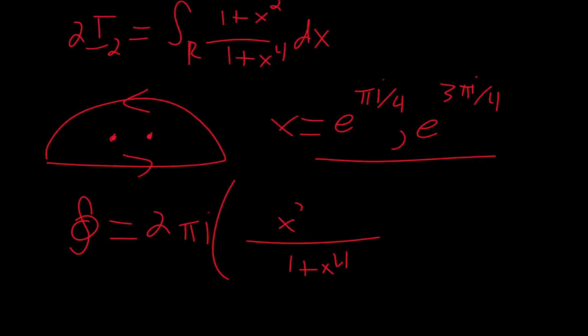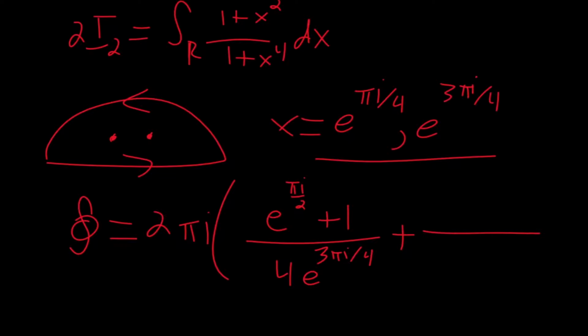So we have an x squared, taking the limit as x approaches e to the pi i over 4, pardon me. But in the denominator, whenever we differentiate, we're going to have 4 and then x cubed. So whenever we plug in x equals e to the pi i over 4, what we end up getting is e to the 3 pi i over 4, and then times e to the pi i over 2. And then similarly, we have more or less the same thing.